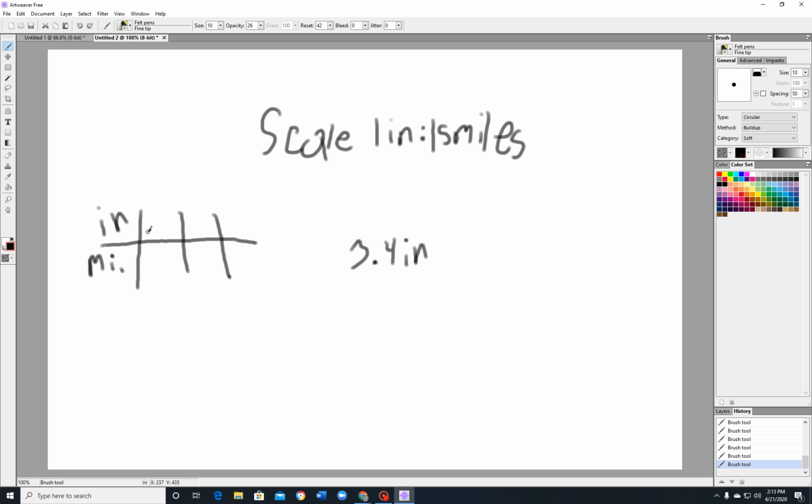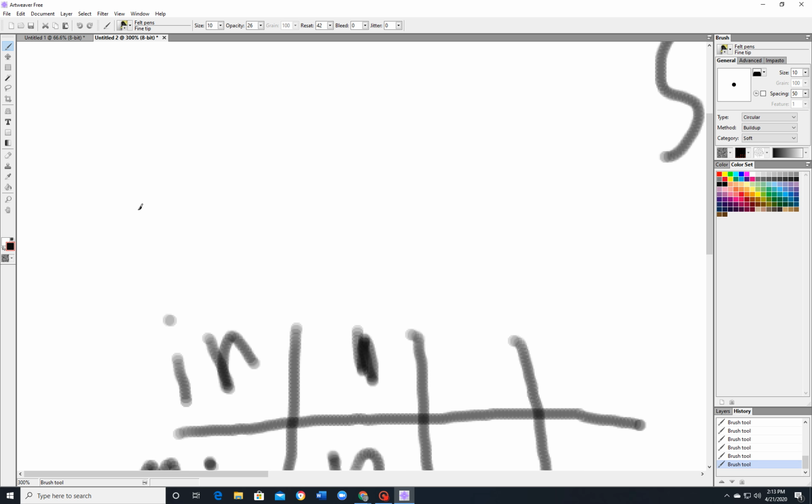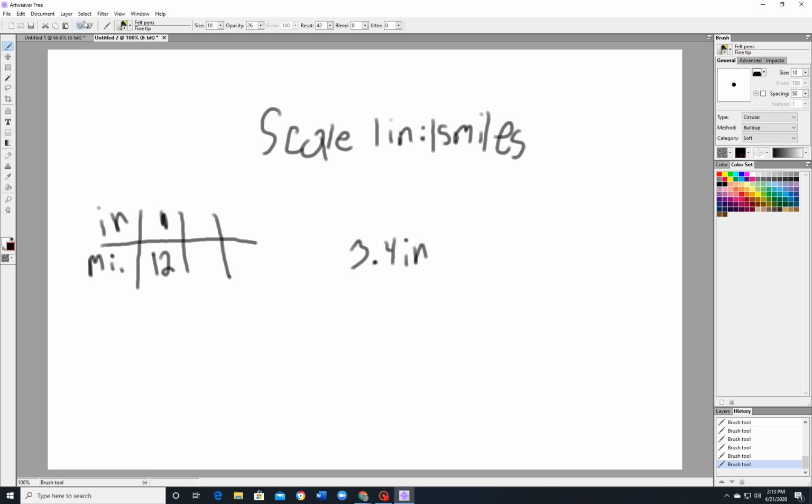And so for inches, we have 1 inch to every 15 miles. So we put a 1 and then a 15 down. Oops, I meant a 15. And then we have 3.4 in inches.